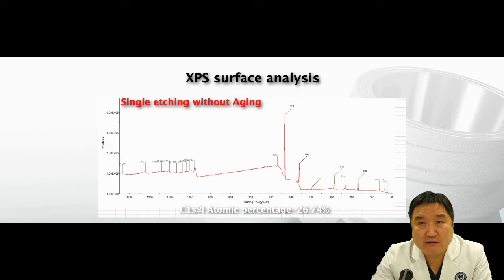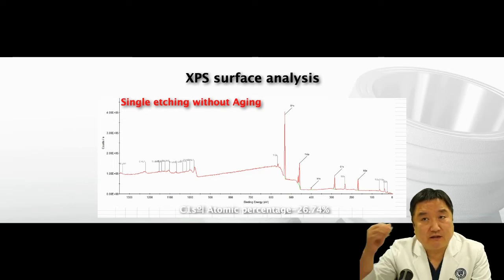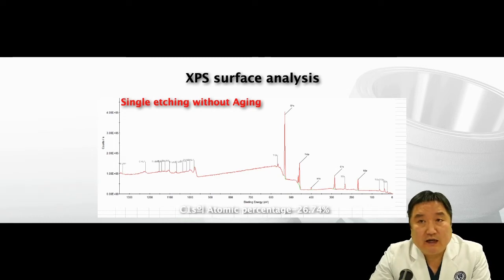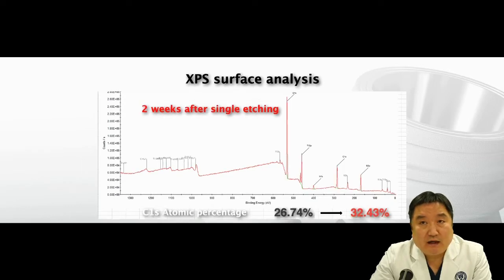Then we tested by measuring the carbon atom percentage on the titanium surface, because carbon is a major source of contamination of the surface, and measuring the amount of carbon on the surface is a good parameter of contamination. After treatment of single etching of the surface, it was 26.74%. After 2 weeks, the percentage increased up to 32%.